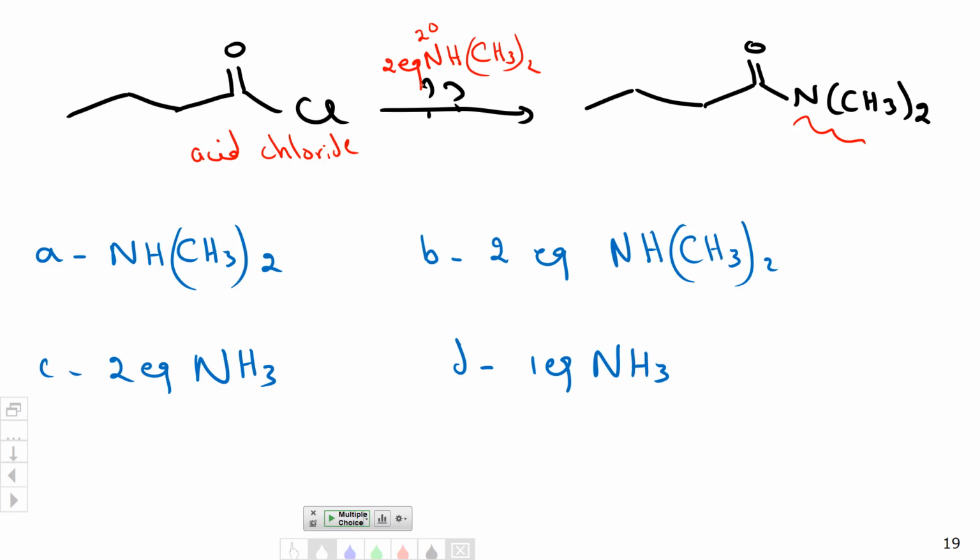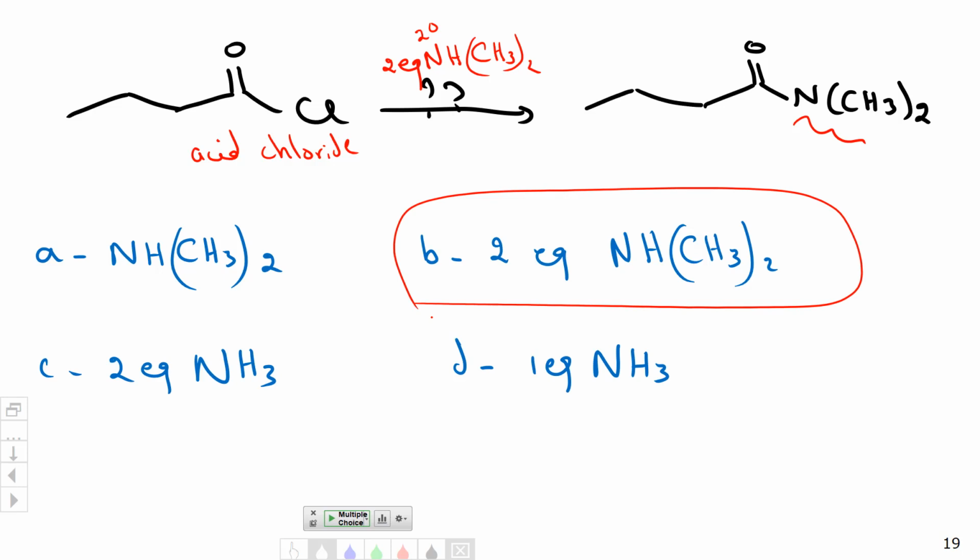The other one neutralizes the HCl that forms. This is why we choose B over A. A has exactly the same amine, but it is one equivalent, and that wouldn't be helpful, because the HCl will form and turn the amine into an ammonium, which is not a nucleophile anymore.